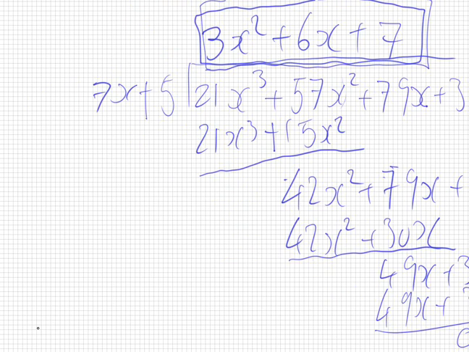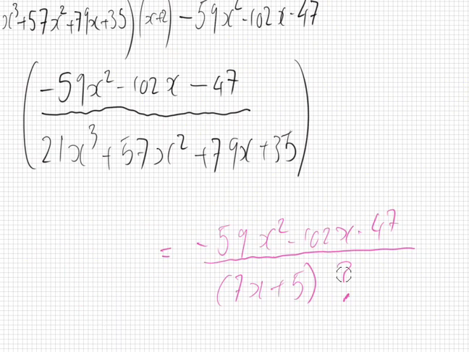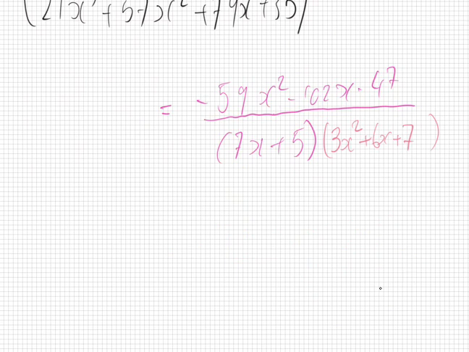So now I go back to my sub-problem. The problem inside the problem. So this here, what was my quadratic I just got? 3x squared plus 6x plus 7. Now, yes?